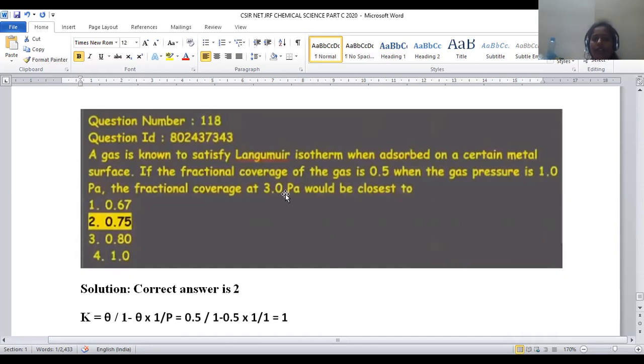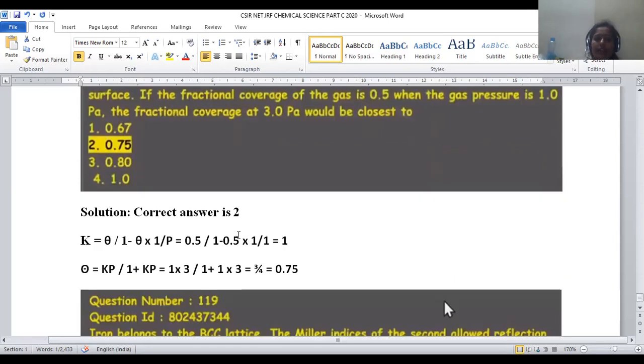So 1 Pascal value is given. At 3 Pascal, how much fractional coverage is obtained needs to be calculated, right?